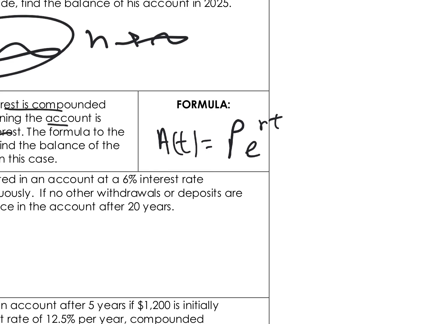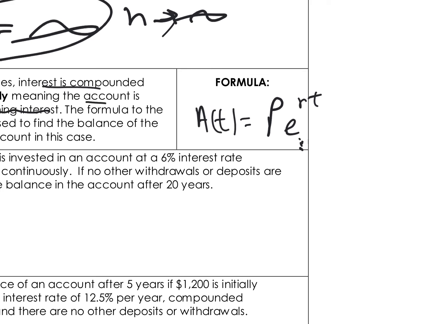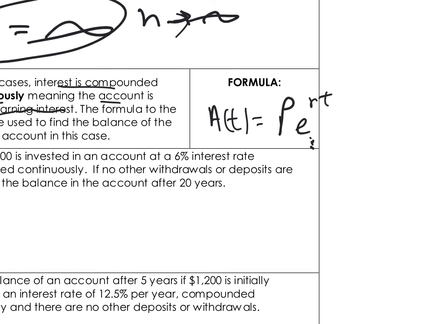Why is there no n? Because it's continuous. Could you count it? No, because n is really technically approaching infinity, right? So we don't need it because e already takes into account the number of computations.